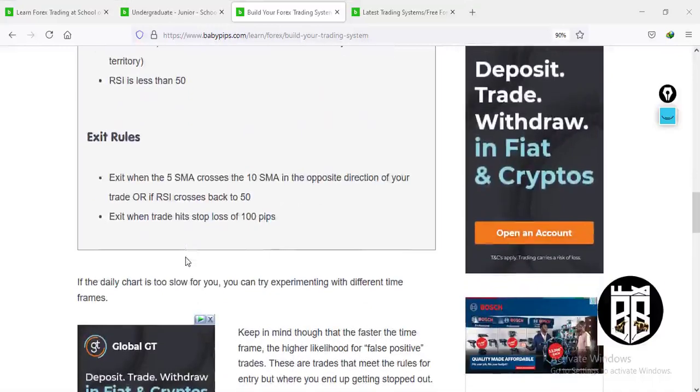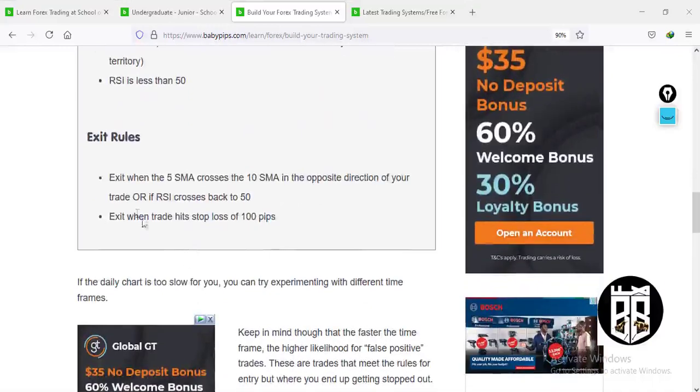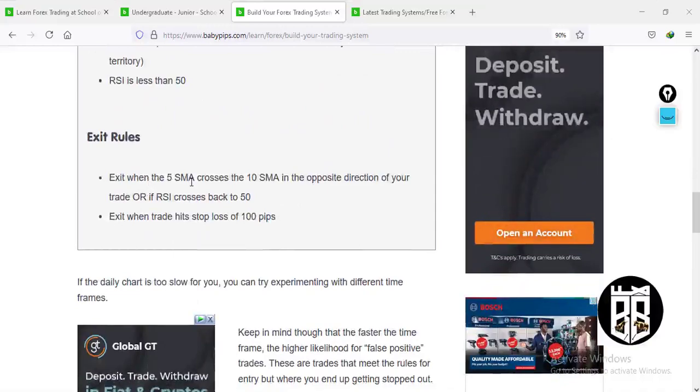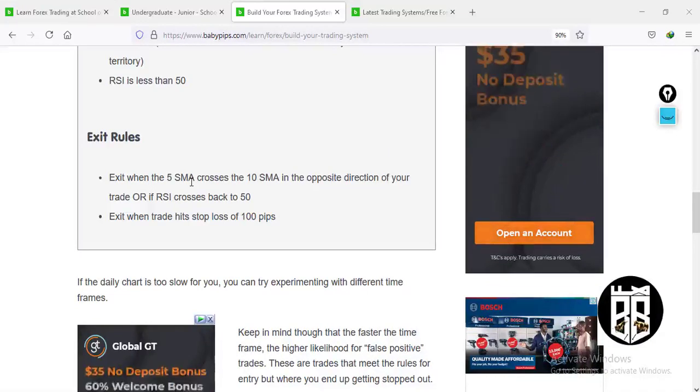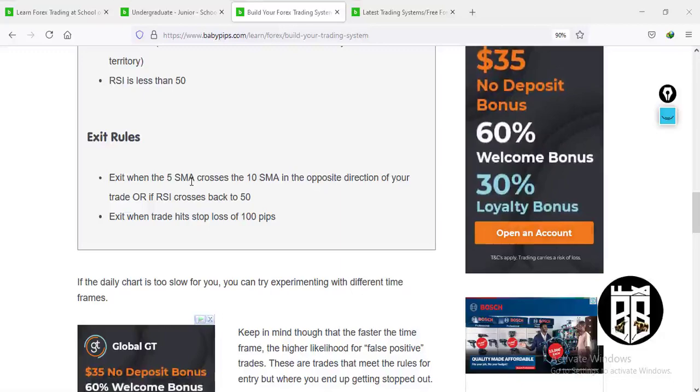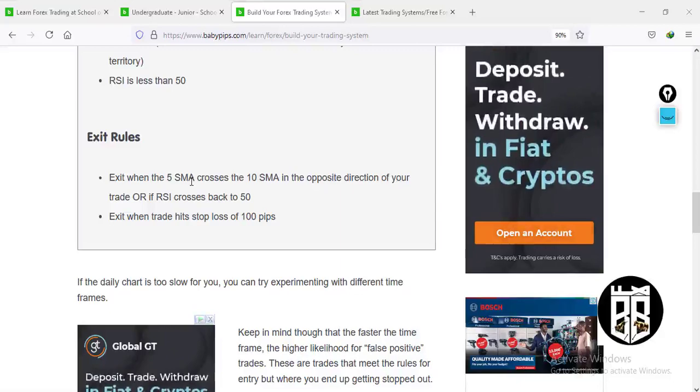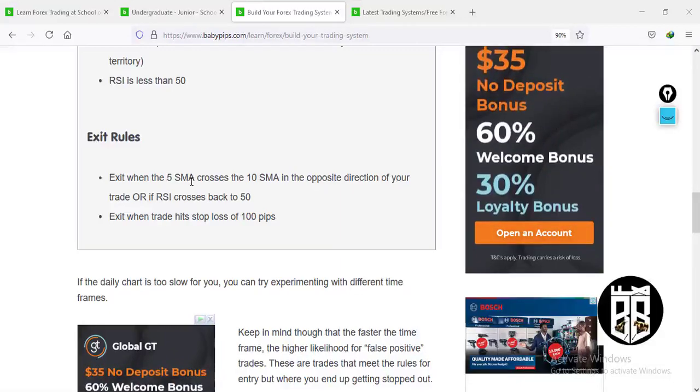Then the exit rule is this: exit the trade when the 5 simple moving average crosses the 10 simple moving average in the opposite direction of your trade, or if the RSI crosses back to 50.